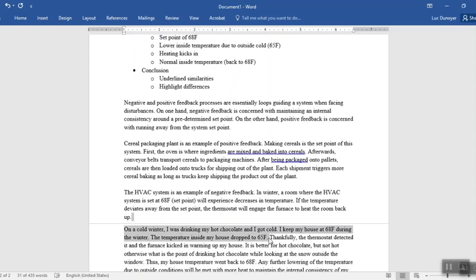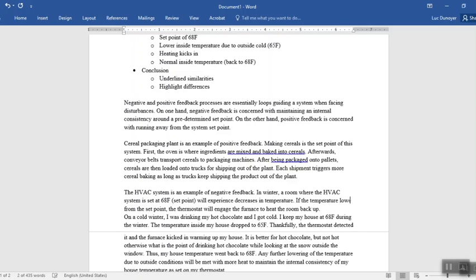That takes care of all the literary part. Let's see. Now I want to talk about my outline: the heat kicks in, the temperature comes back. If the temperature lowers from the set point, yeah, it just lowers. I'm cleaning things right now, making sure it's straight. Well, now it's an HVAC in winter, so actually it's going to happen, right?